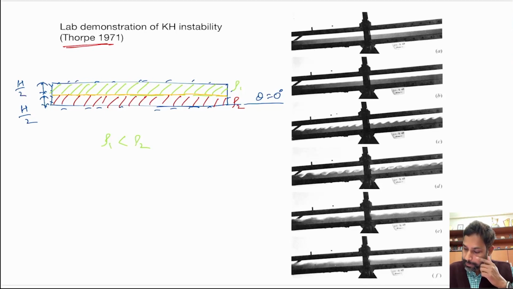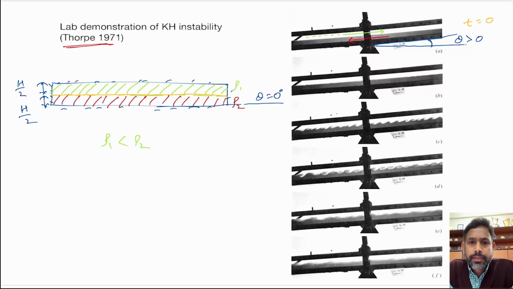Now, at time t equal to 0, this tank is tilted. So it is now making an angle of a certain degree. If this is the tank bottom surface and this is the horizontal axis, there is now an angle theta which is greater than 0 degrees. Because the tank has tilted, this fluid, which is lighter in density, tries to move upward, whereas the bottom fluid tries to flow downward.